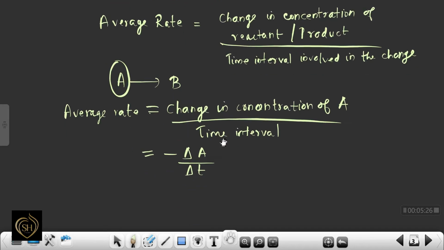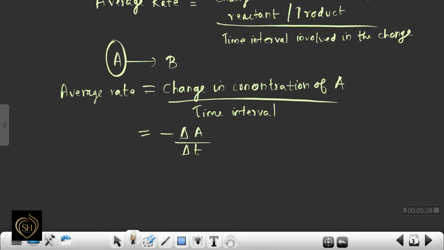In the case of B, the average rate can be written as delta B by delta T, that is the increase in concentration of product divided by change in time.